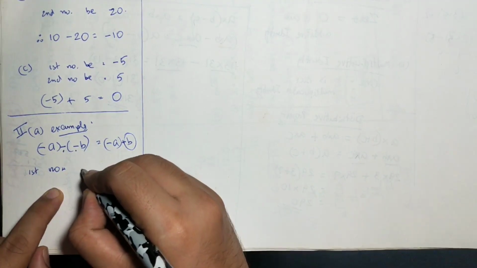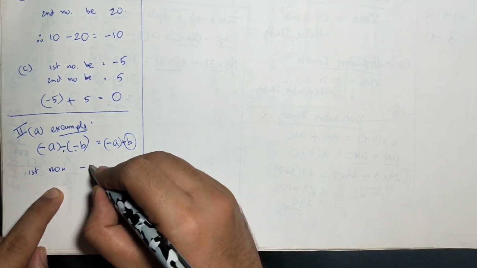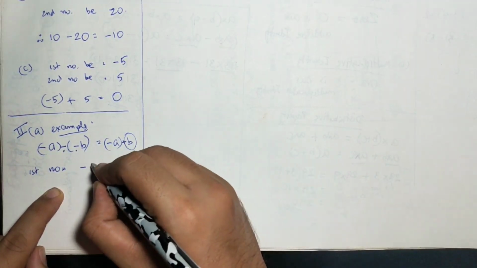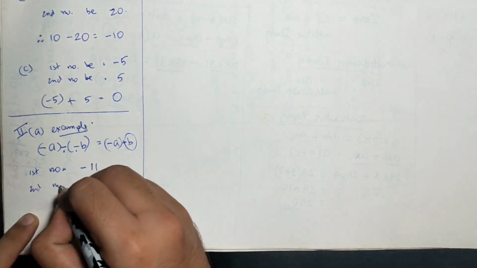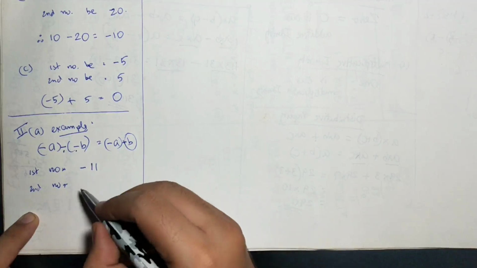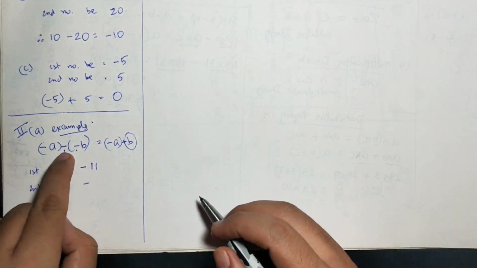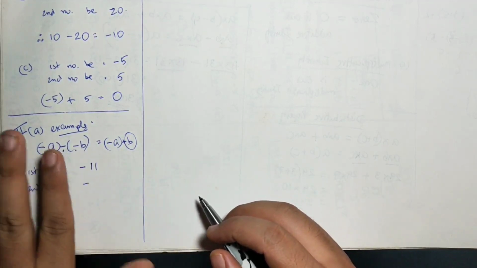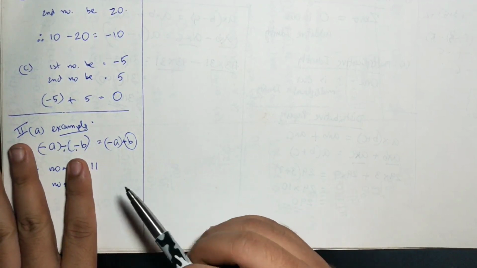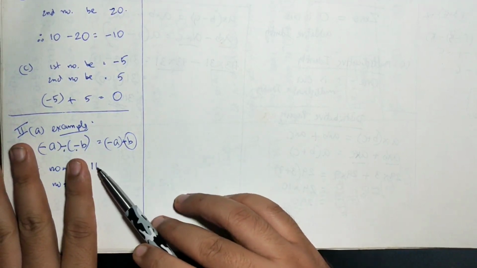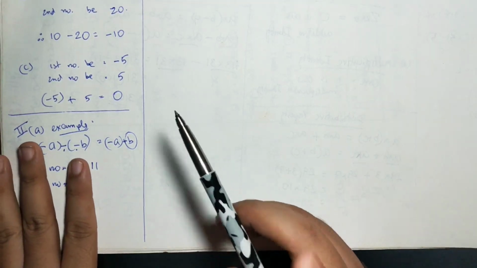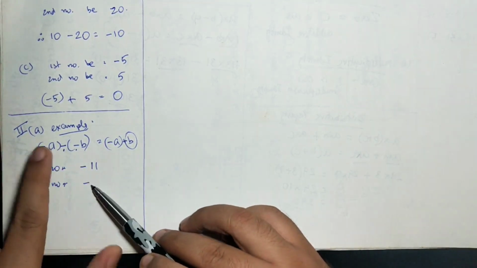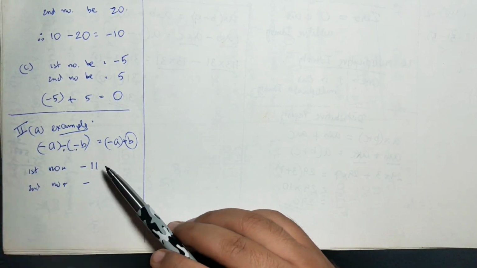So my first number, now I am writing the solution. My first number is, suppose, minus 11, and the second number I have to take in negative only, because afterwards negative will become positive. But just forget about the sign right now, that number should be greater than 11 by 8. I'm not talking about minus 11, I'm talking about 11, because afterwards in the equation this minus will become positive.